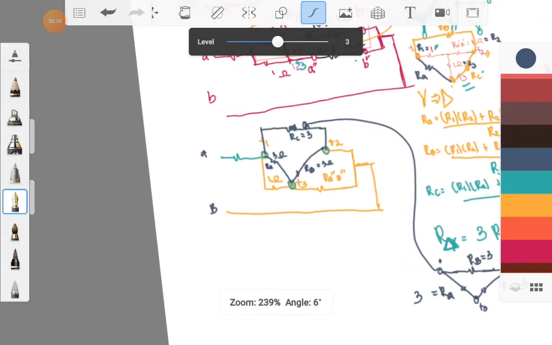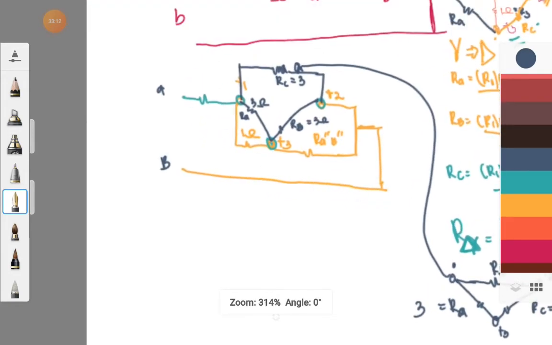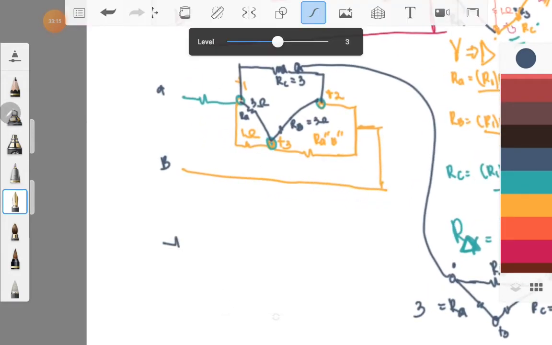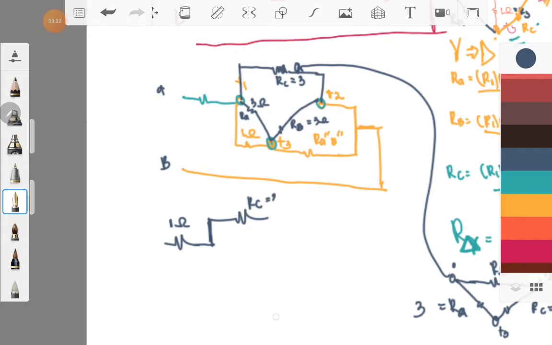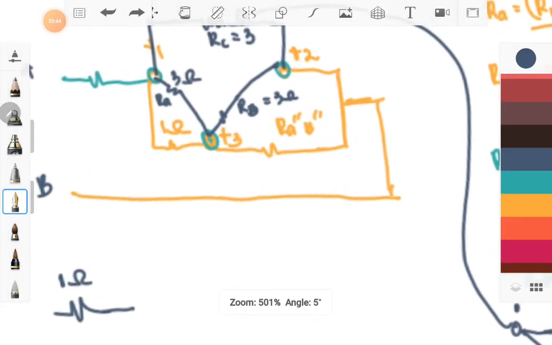So we have our 1 ohm, and then our 3 ohms, and our RC is equal to 3 ohm, and these are our terminals. Let me enlarge it so you can see better.